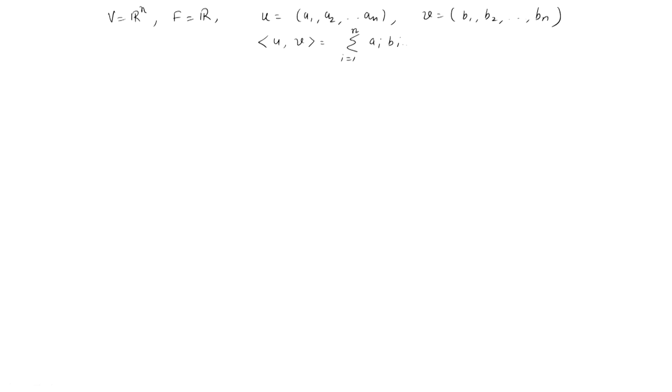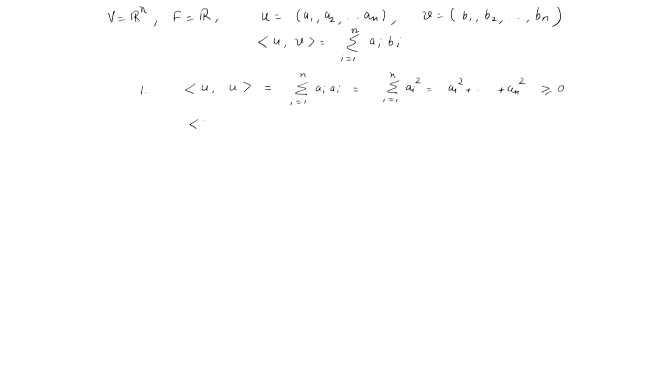Now, this can easily be shown. The first property is inner product of U comma U. What is inner product of U comma U? It is summation i from 1 to n of Ai into Ai, which is simply summation of Ai squares, or A1 square plus A2 square up to An square, and that is always greater than or equal to 0.